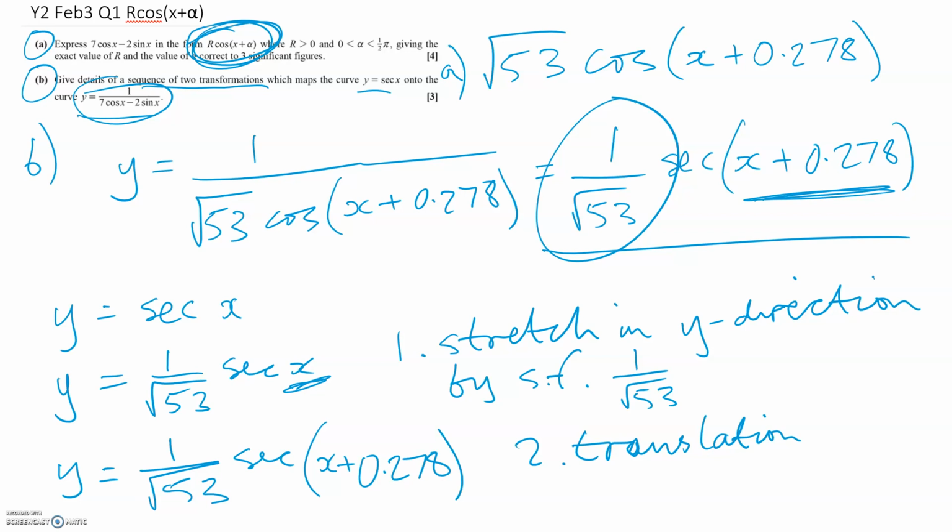Easiest way to write that is probably as a vector, so we can write it as (minus 0.278, 0). So those are our two transformations.